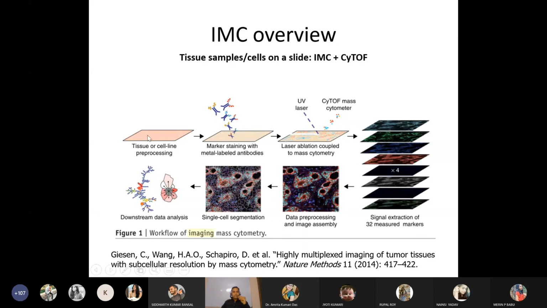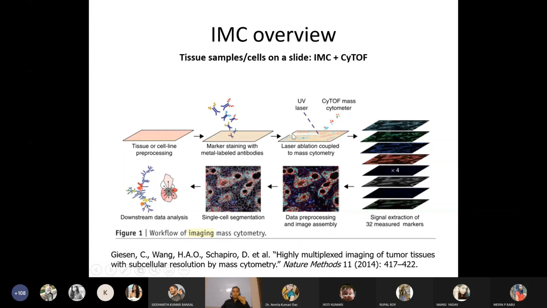In IMC, or imaging mass cytometry, you have to prepare a very thin layer of cells or tissue, and you have to tag all the proteins of interest with the metal ions. Once these are tagged and washed off, you burn the cell layer with the UV laser.